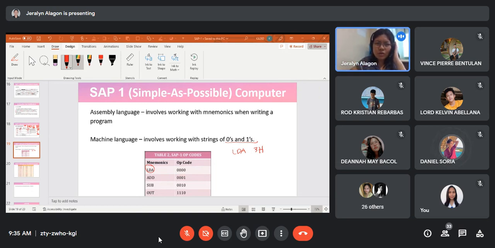So now, if you are going to create a program for LDA 3H, the LDA is equivalent to 000 in opcode, and the 3H would be 0011.